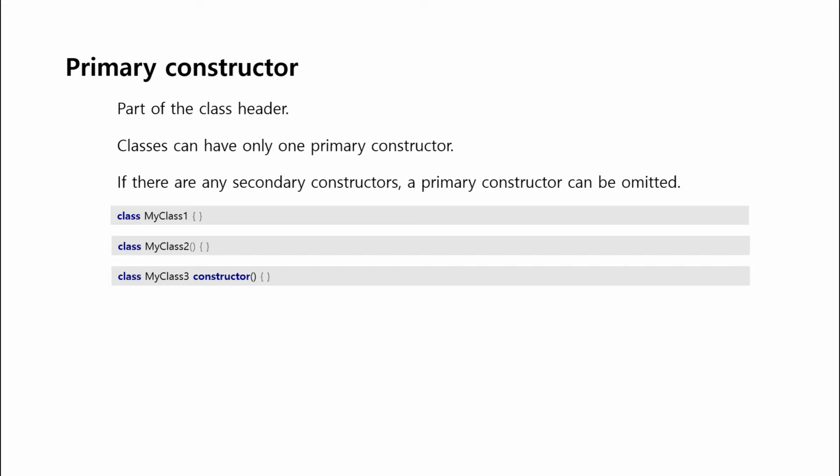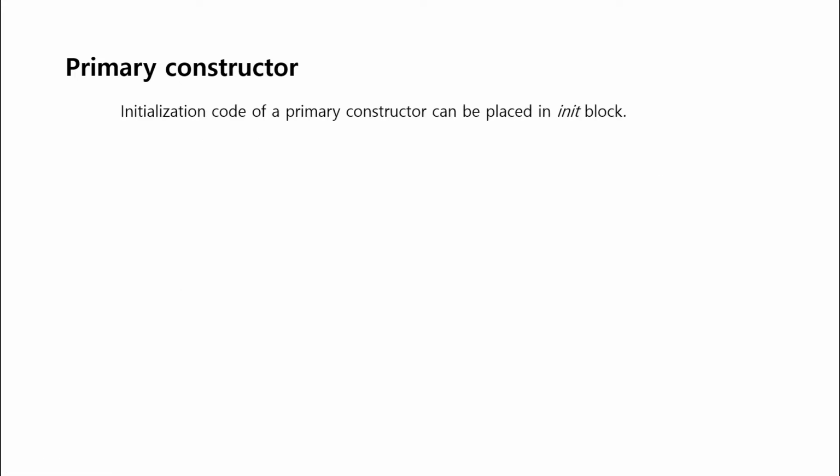We use the constructor keyword, but generally we omit this constructor keyword when we declare a primary constructor. Because a primary constructor is in the header, we can't declare its body if we want to add some operations. So in order to do so, we're going to use the init keyword.